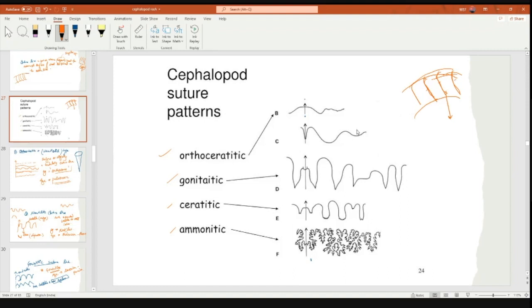All together they are known as the septa, and the singular is septum.